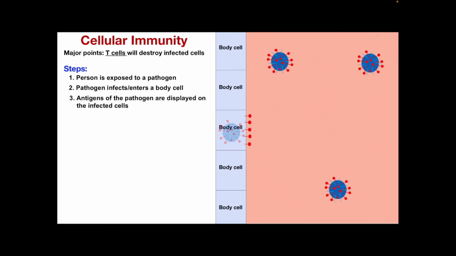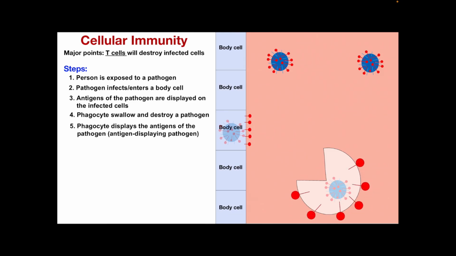The other pathogens will be eaten by a phagocyte. The phagocyte will destroy these pathogens and display the antigens of the destroyed pathogen on its surface.